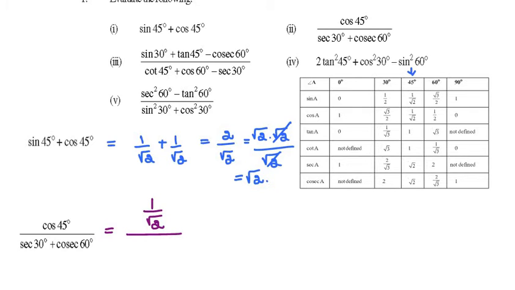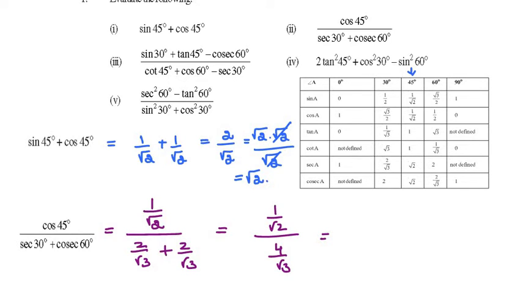So secant 30 is 2 by root 3, plus cosec 60. Cosec 60 is 2 by root 3. So 1 by root 2 by 2 by root 3 plus 2 by root 3. Same quantities, if we add, we will get it as 4 by root 3.